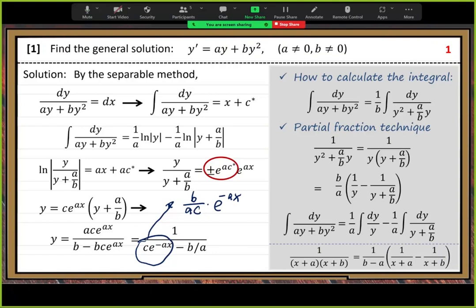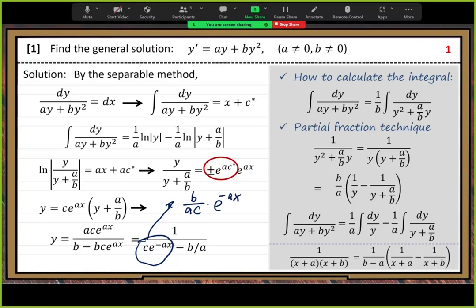No problem, right? So that's the reason. Even if we abuse the notation, there is no problem.